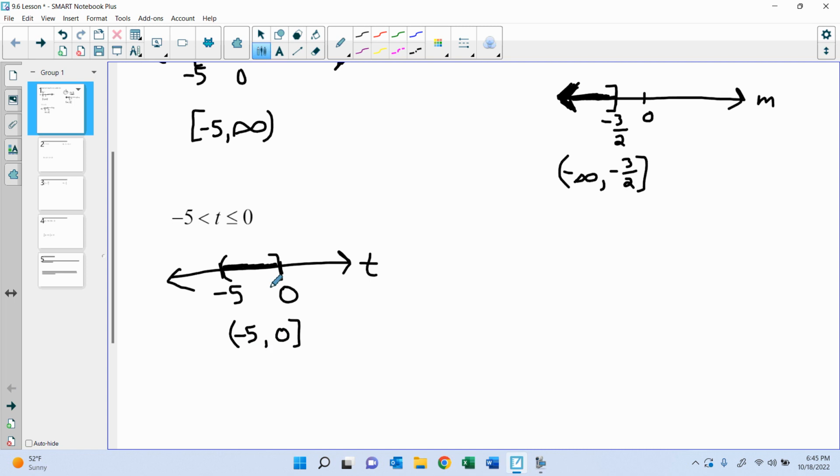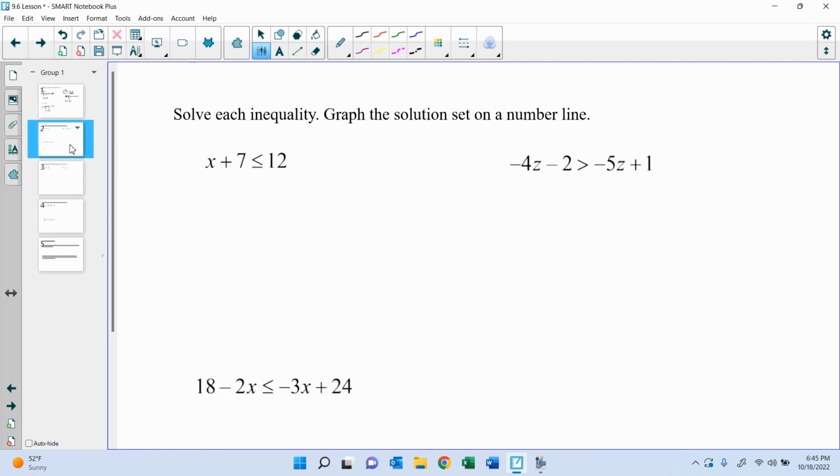So for example, -1 would be between -5 and 0. -2.758 is between -5 and 0 because -2.758 would be somewhere in here. Okay, so these solutions for these type of equations have a whole bunch of solutions, a whole interval, so we have to write them a little different.